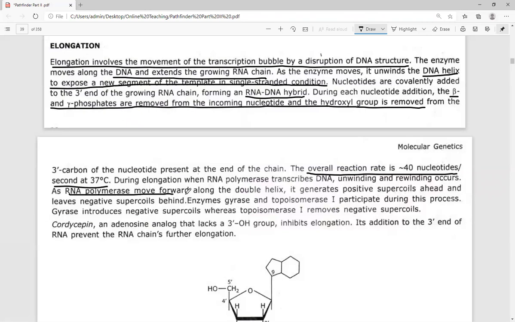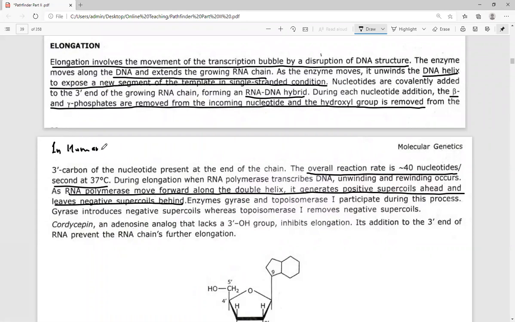So RNA polymerase is going to move forward. It generates positive supercoiling ahead and leaves negative supercoiling at its back, because the DNA which is present in us is negatively supercoiled. That is why sir is going to write in such a manner, considering the DNA to be that of human beings.